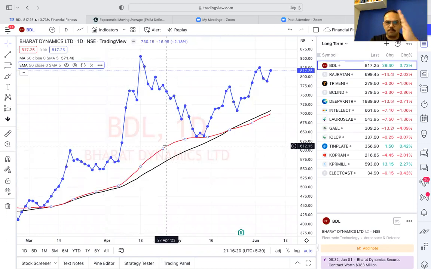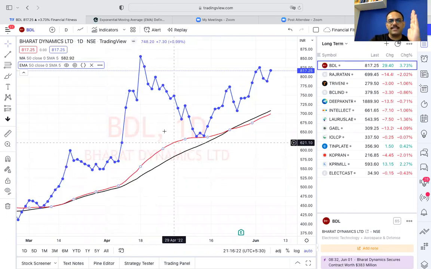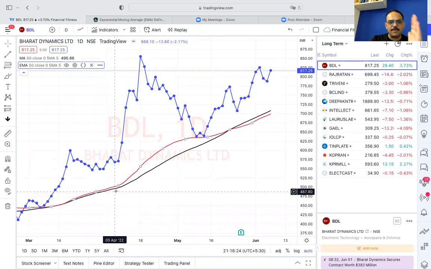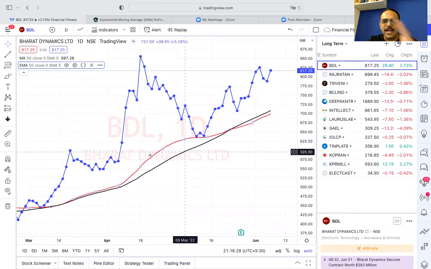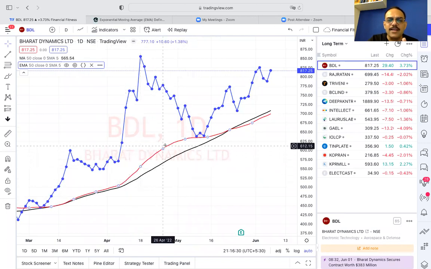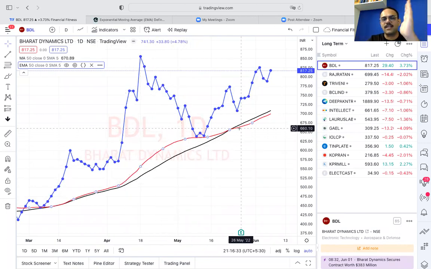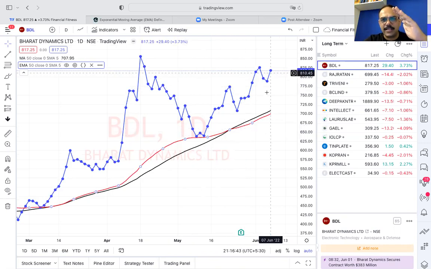It is closer to the price action. So if the price is going up, the simple moving average will take a little bit of time to react. The exponential moving average will react faster to the price. That is the difference between the simple moving average and the exponential moving average, because in the exponential moving average, the weightage is given more to the nearest price.